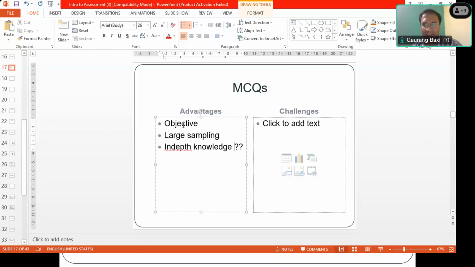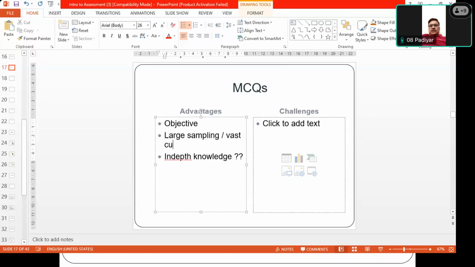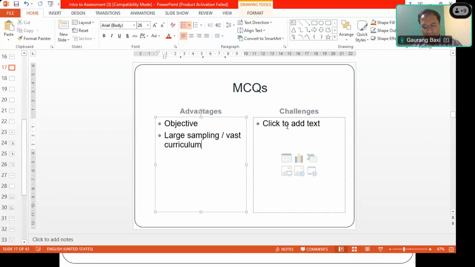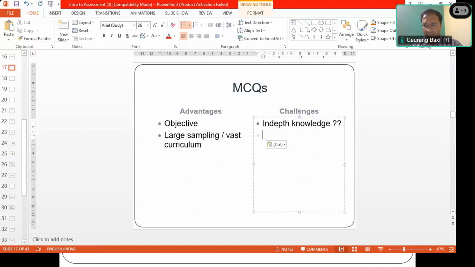So that is what we mean when we say a larger sampling or a vast curriculum can be covered. But for a specific topic, is it possible to assess it in depth? No, sir. So in-depth knowledge assessment using MCQs is actually not possible. That's a disadvantage, a challenge.